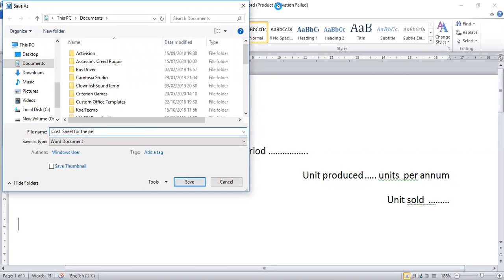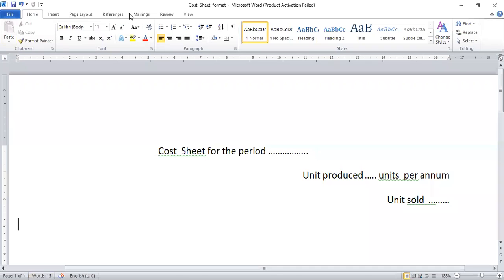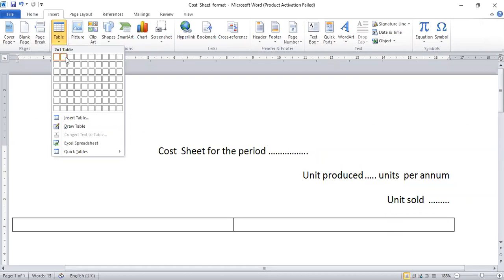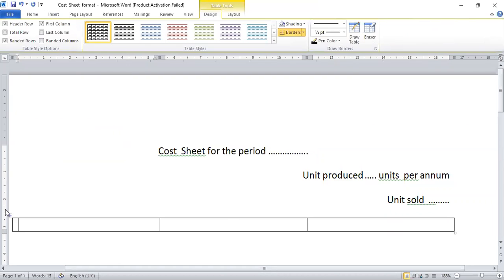Costing, for format of costing we require 3 columns: particulars, cost per unit and amount rupees. As per your textbook, it may happen that the cost per unit column will be shown at the end. Okay, it doesn't matter, you can show it as the second column or as the third column.